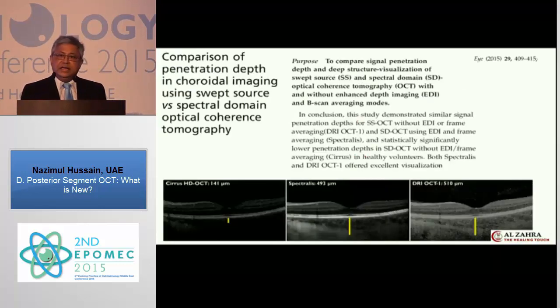If you use EDI OCT with spectral domain OCT, you can have a similar depth penetration for choroidal thickness measurement compared to swept source OCT. What it implies is that swept source OCT is pretty good in imaging the outer retina and the choroidal layer.